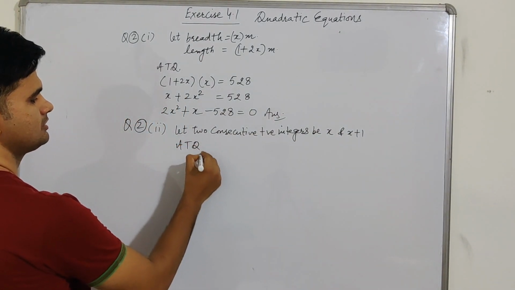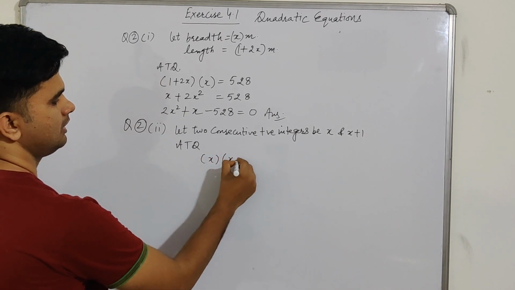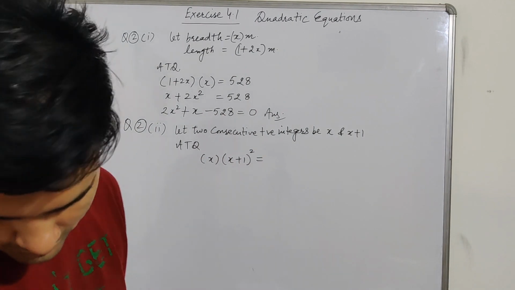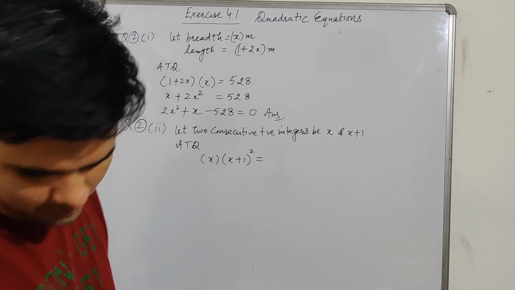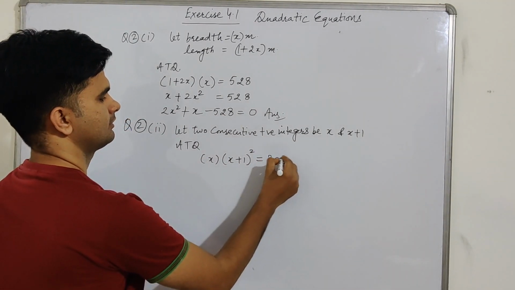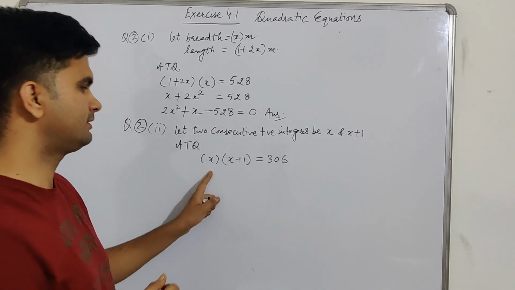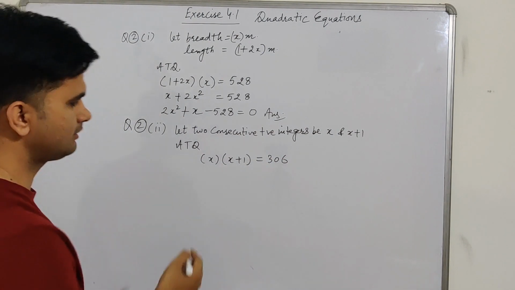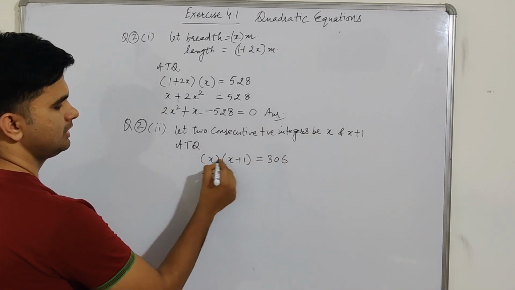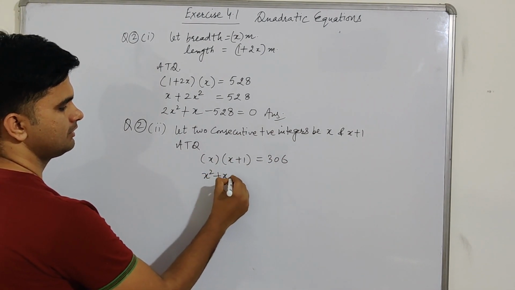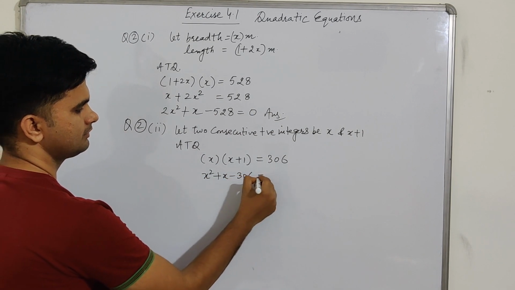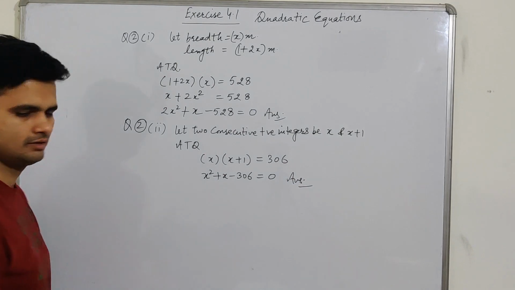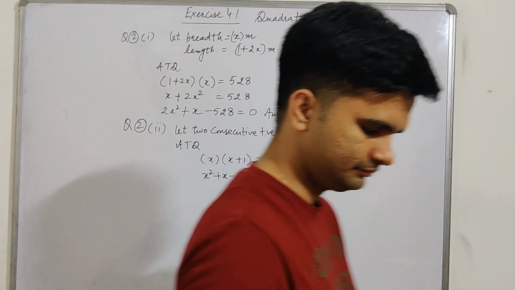Now according to the question, their product, x into x plus 1, is equal to 306. Now multiply it, x into x, x square plus x minus 306 is equal to 0. So this will become your answer, right?